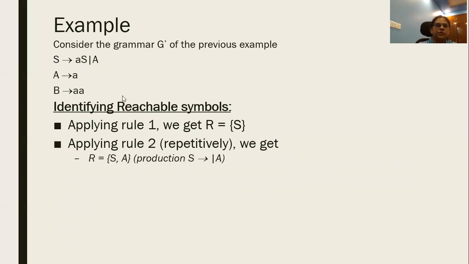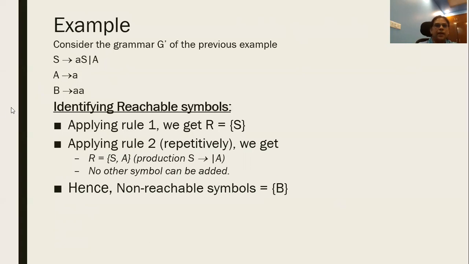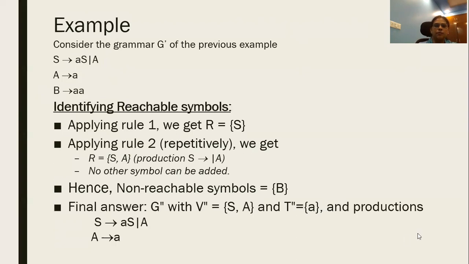In this example, no more symbols can be added to this set. So what we have is A and S as reachable symbols. The symbol B hence is not reachable, and the production which involves the use of this symbol can be removed. The resultant grammar then is S derives AS, S derives A, and A derives A.